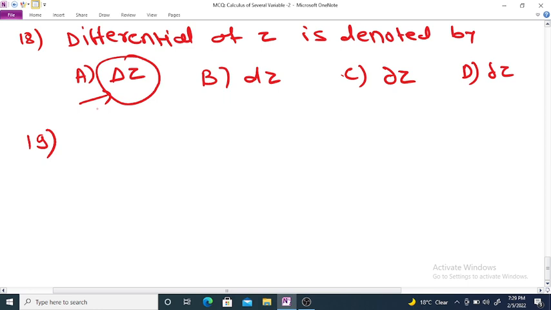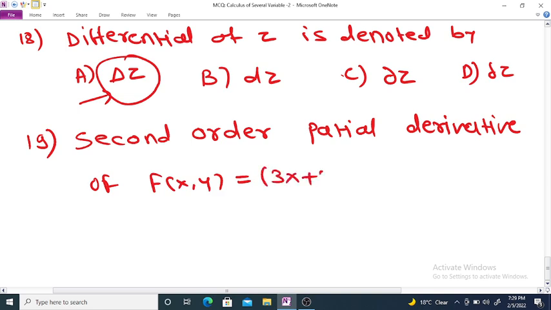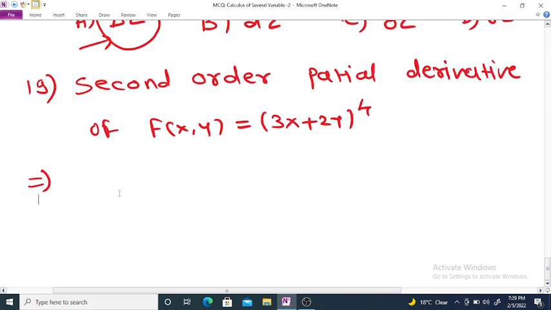Now this next example: the second order partial derivative of f of xy is equal to (3x plus 2y) raised to 4, and the options are very lengthy.